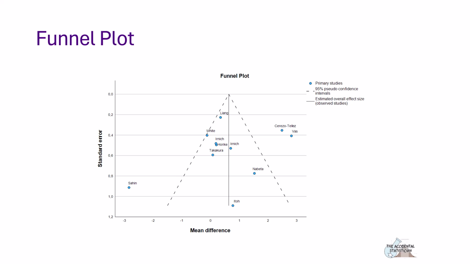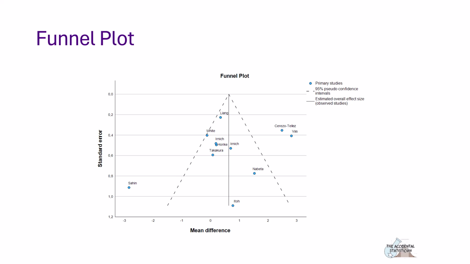Sahin contributes by being especially negative, and Cerezo, Teles and Vas contribute by being particularly positive. This makes them worth looking at and thinking about what potential methodological problems there are in those studies. So we know there are some with Cerezo, Teles because of dropouts.